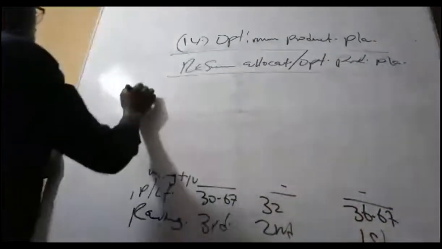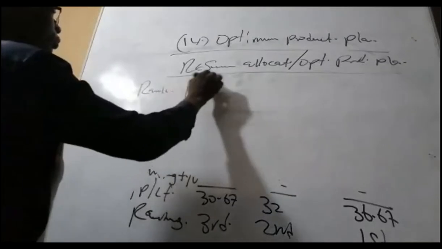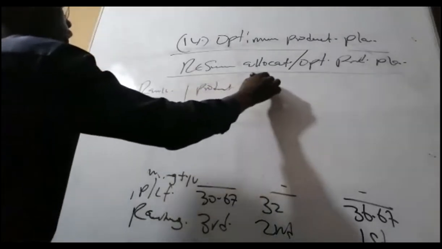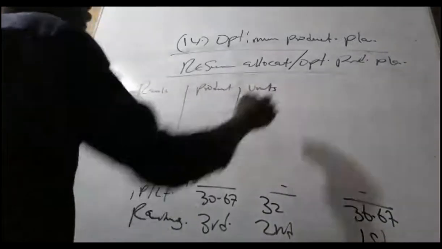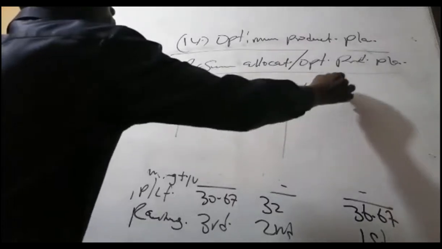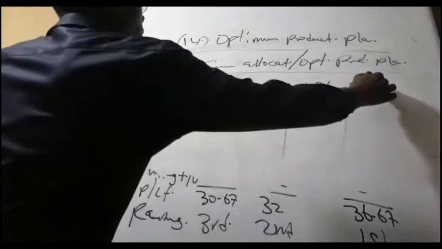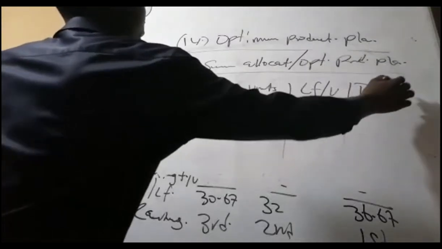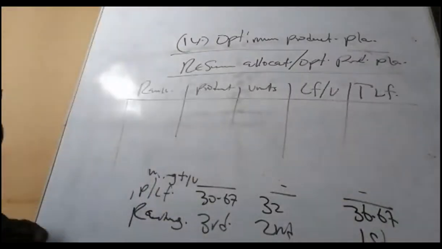Nice table. Start with your rank, products, units, limiting factor per unit, and total limiting factor or quota of the limiting factor.